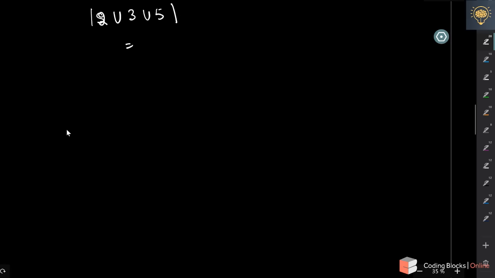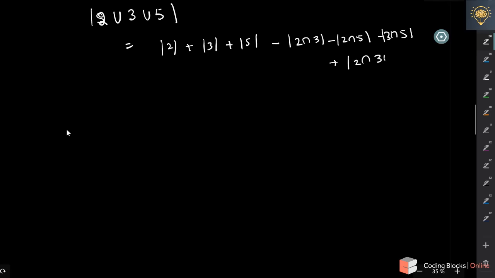So this can be written as the cardinality of set 2 plus the cardinality of 3 plus the cardinality of 5, minus the cardinality of 2 intersection 3, minus 2 intersection 5, minus 3 intersection 5, plus all those numbers which are divisible by all three of them. These terms you already know: how many numbers are divisible by 2, 3 and 5.